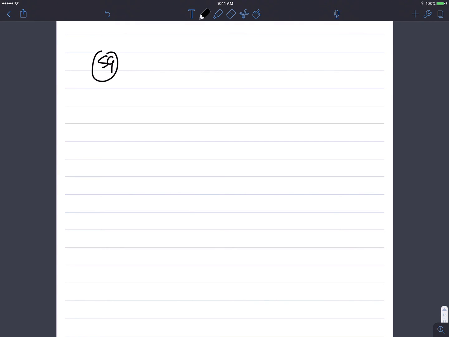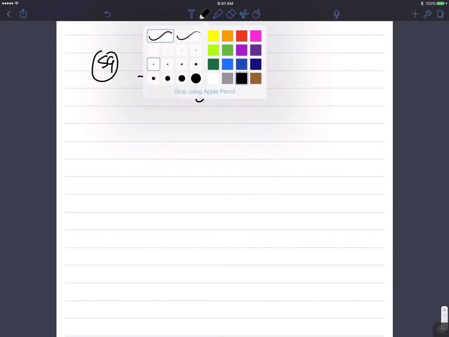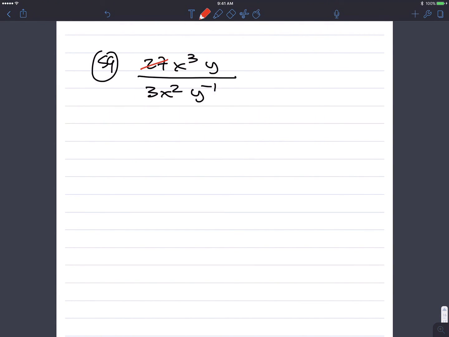We have 27x cubed y over 3x squared y to the minus 1st power. 27 divided by 3 is 9, y to the 1st power.